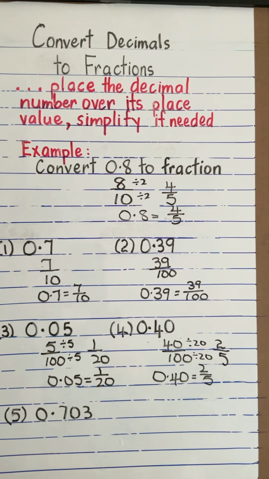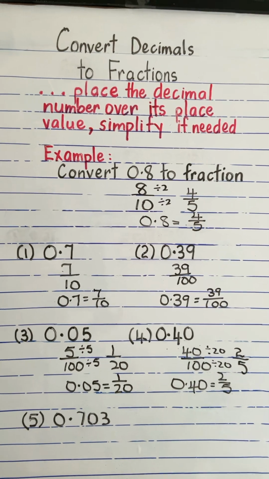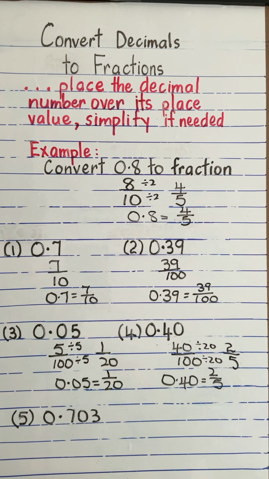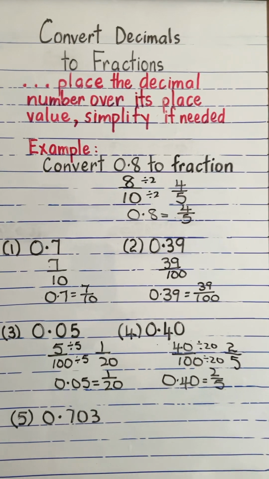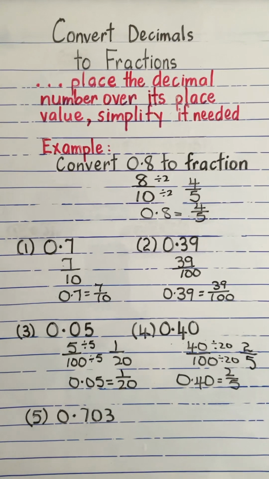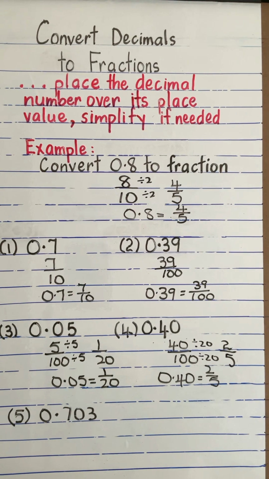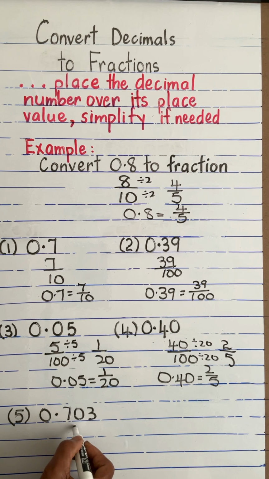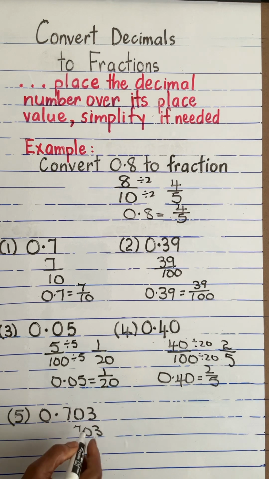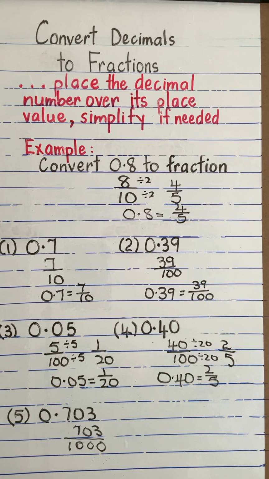And the last one, 0.703. 0.703 is equal to 703 over 1,000, and that cannot be simplified.